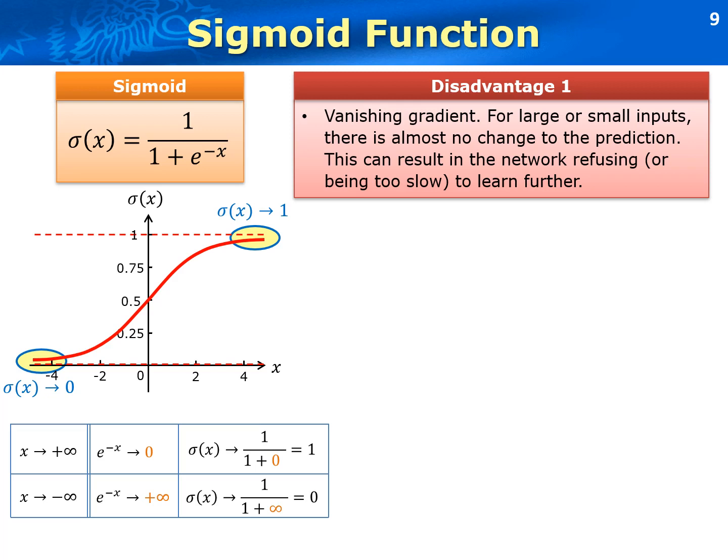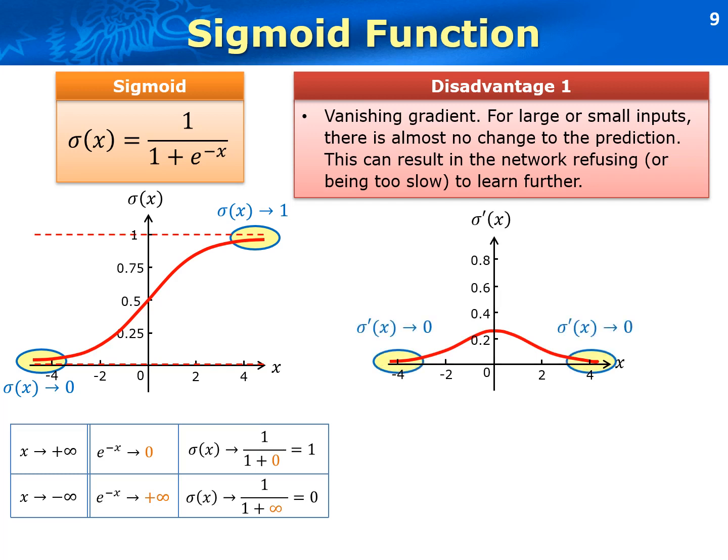This is the first disadvantage of the sigmoid function. To make this clearer, let's depict the derivative function of the sigmoid. We see that the two ends of this function approach 0, which is consistent with the fact that the slope of the sigmoid curve at two ends tends to 0.